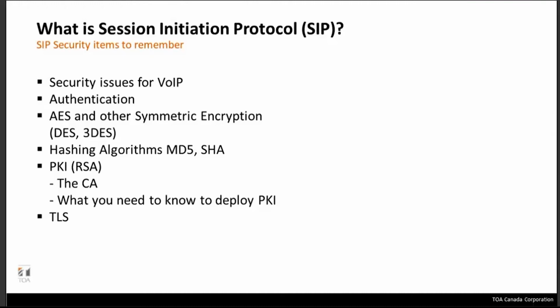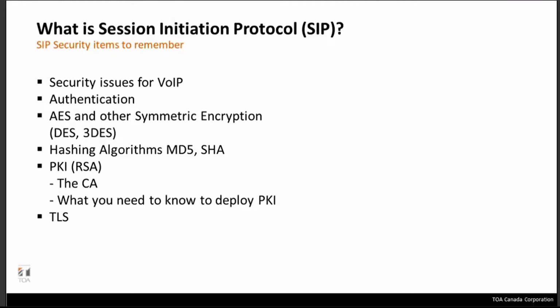So that's where authentication comes in. Authentication is the process that makes sure it's a legit system. And once the system is legit, then we want to encrypt the communication.